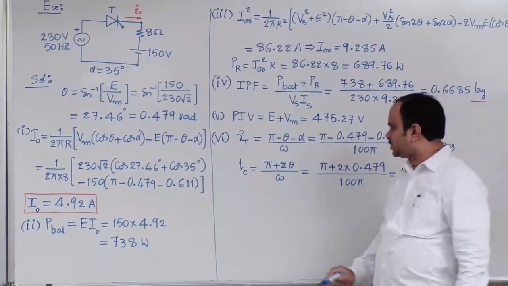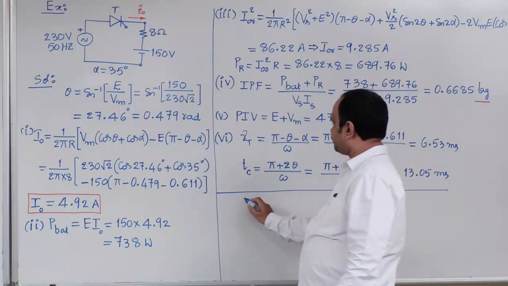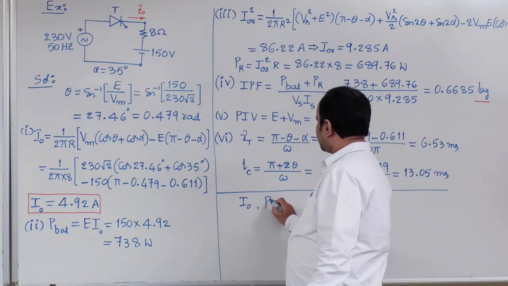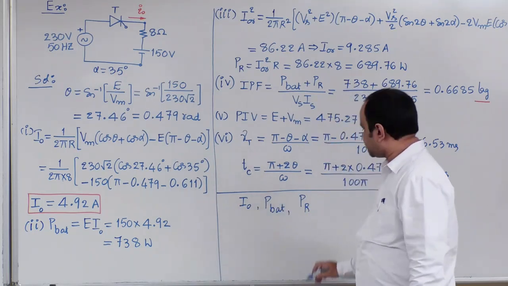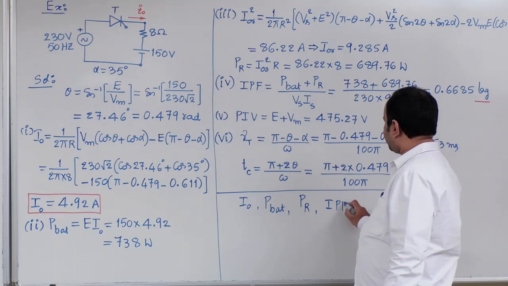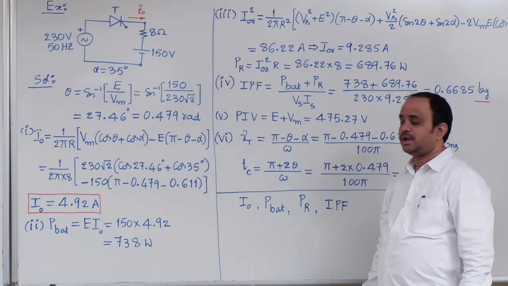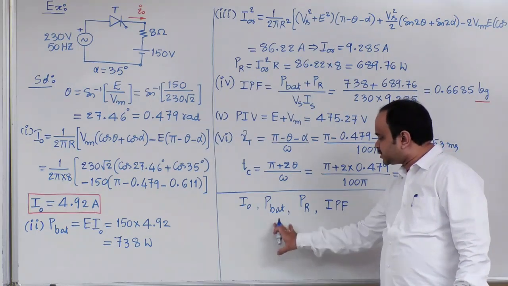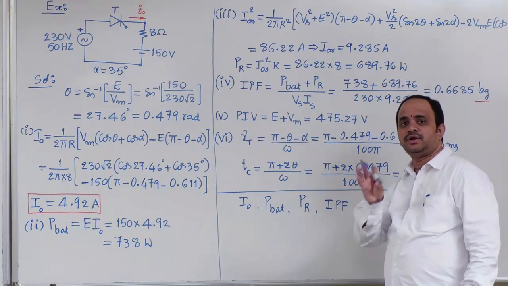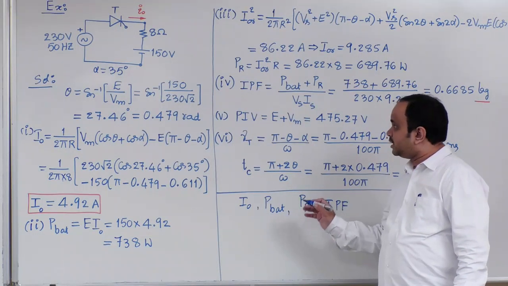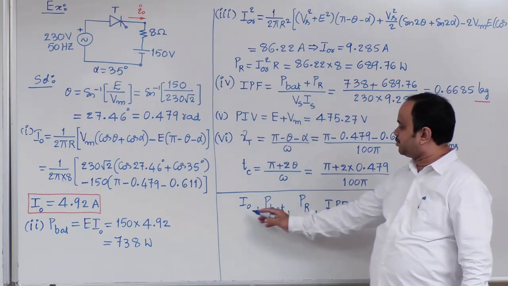So what I want you to do, compare these numerical values of I naught, power consumed by the battery, power dissipated in the resistor and input power factor, with the diode circuit and SCR circuit. And then prepare a small table and write down the conclusions on your own in your short notes. So when SCR is used, in other words, when alpha increases, what is happening to these values?